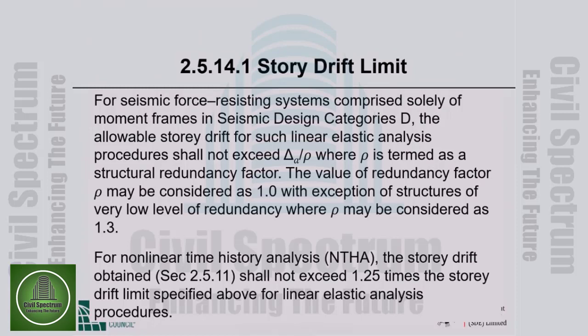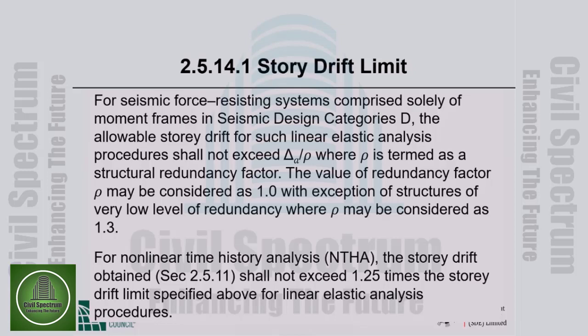Now, there is a very specific provision that I should draw your attention to. This is the BNBC 2020 section number. For seismic force resisting systems comprised solely of moment frames in seismic design category D, the allowable story drift for such linear elastic analysis procedure shall not exceed delta sub A divided by rho.